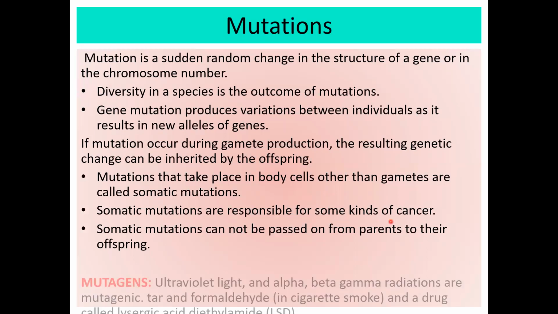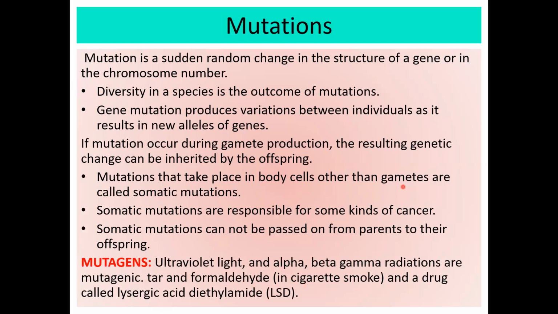But if that is the case for the gametes, then ultimately we are talking about the genes and the chromosomes. So that can be a more dangerous condition, because there are chances of cancer to be cured, but once the mutation happens in the genes, ultimately that cannot be cured, that cannot be repaired.